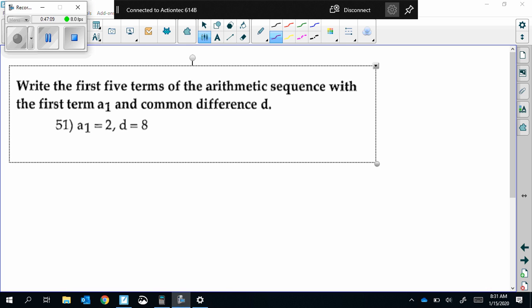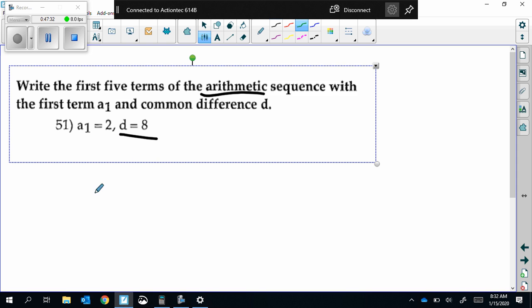All right. For all the sequences, we'll give you the formulas for them. Write the first 5 terms. We don't really need a formula for this one. You just have to know that D means that's what it's changing by. It's going to be arithmetic, so it's adding 8 each time.